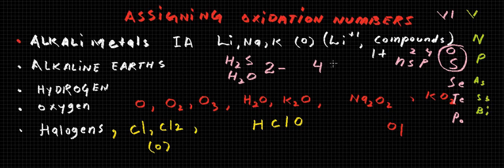For example, sulfur dioxide, or sulfurous acid, H2SO3. But that is only possible in the case of sulfur, because in the case of oxygen only the second shell is involved, which does not have the availability of the d subshell. So sulfur will have a +4 oxidation state.